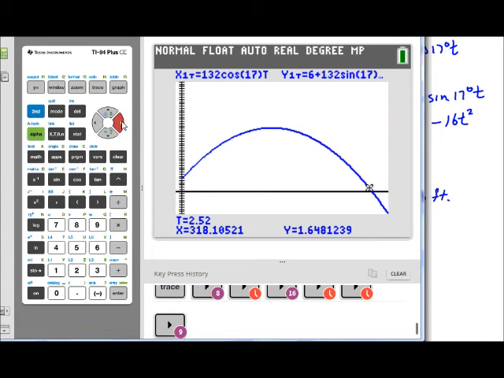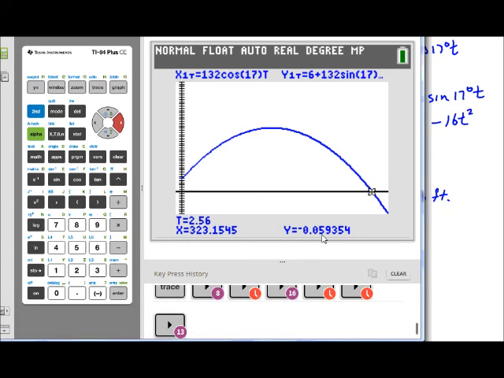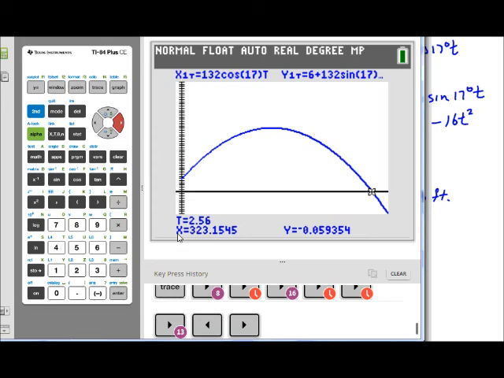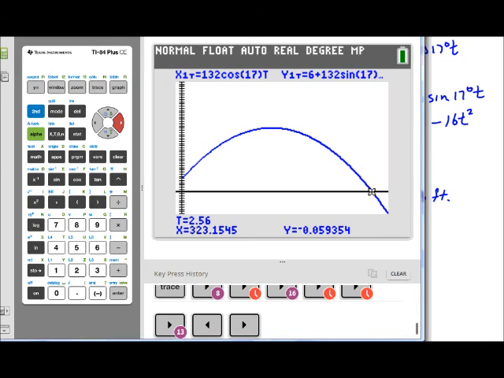So we get height of 1.6, 1.22, 0.8, 0.37, now negative 0.05. We go back here. So as close as we can get to 0 is this going to be negative 0.05. And so x is 323 feet away, and time is 2.56 seconds.